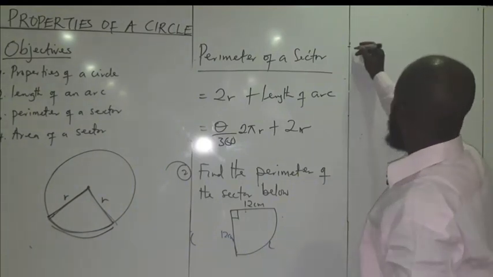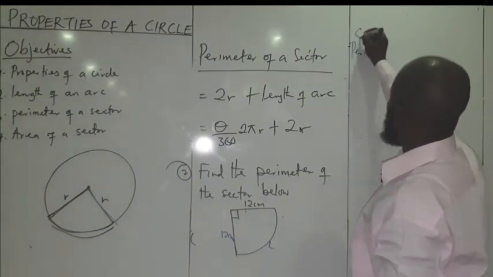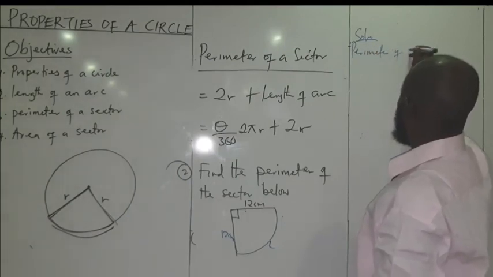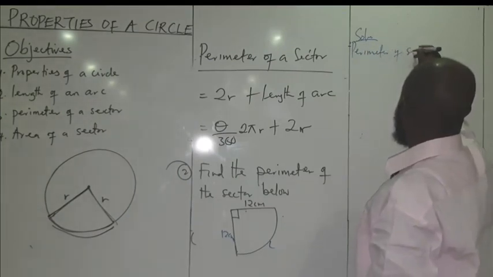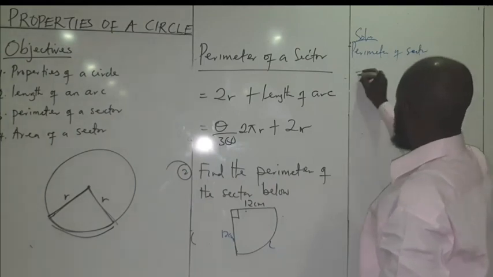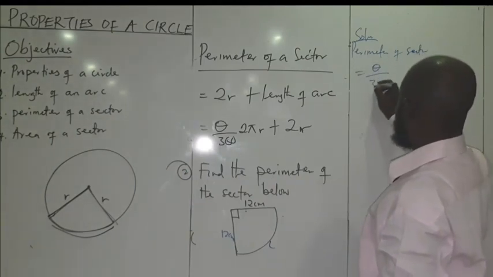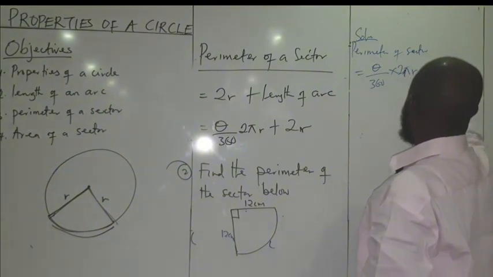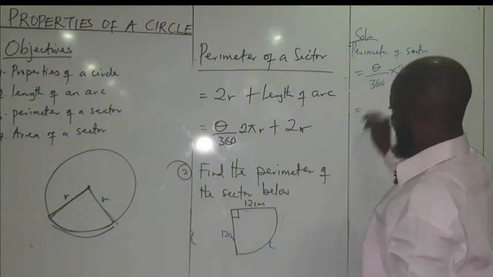That means perimeter of sector will then be equal to theta divided by 360 times 2 pi r plus 2r. So what is the theta here?